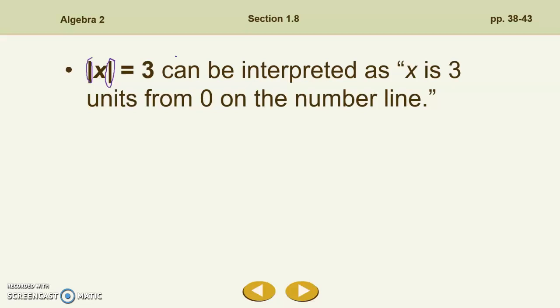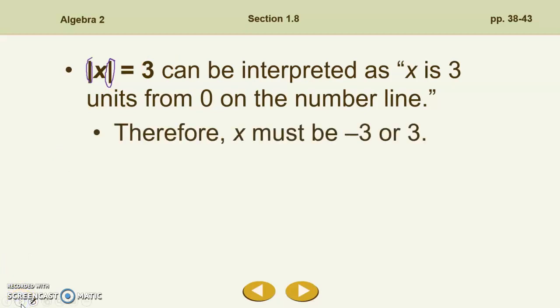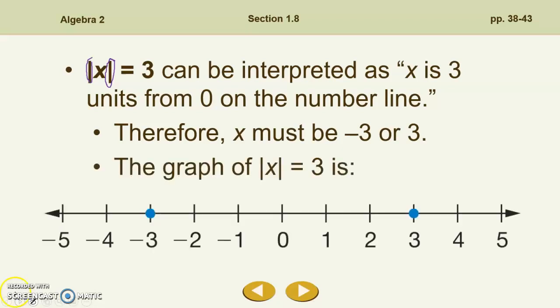Absolute value basically tells us how far away from 0 a number is on a number line. And there are two possible values. We know that -3 is 3 units away from the origin, and 3 is 3 units away from the origin. So x must be either -3 or 3.